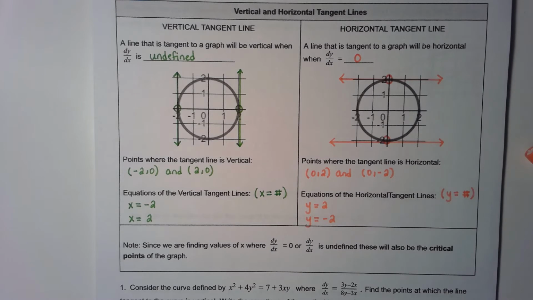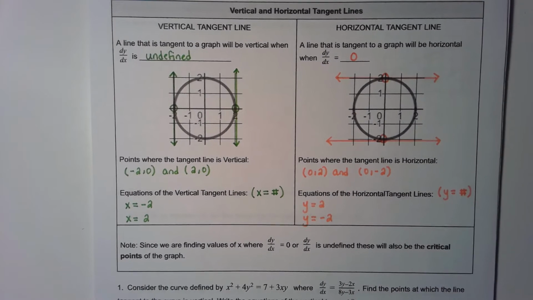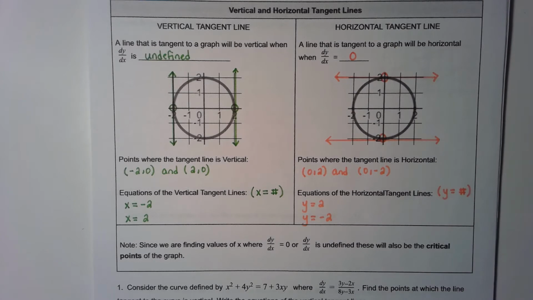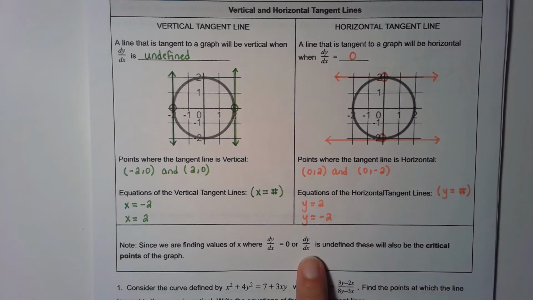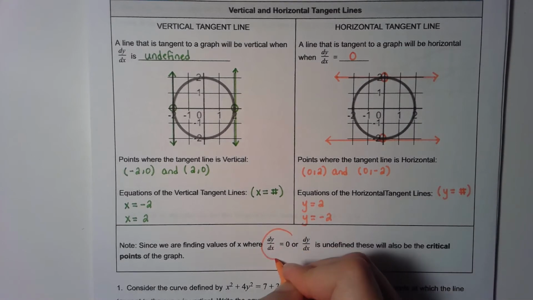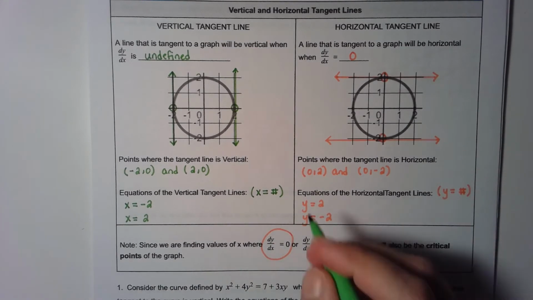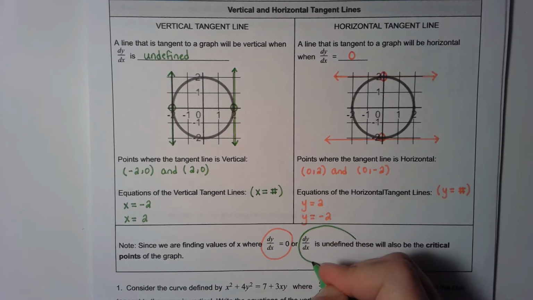You may remember when we were younger, we usually used the acronym VUXHOY to remember that vertical lines have an undefined slope and use the variable x, and horizontal lines have a 0 slope and use the variable y. All right, now, since we are finding the places where the derivative is equal to 0 in the case of horizontal tangent lines, or the derivative is undefined in the case of vertical tangent lines, these are also the places where the graph has critical points.